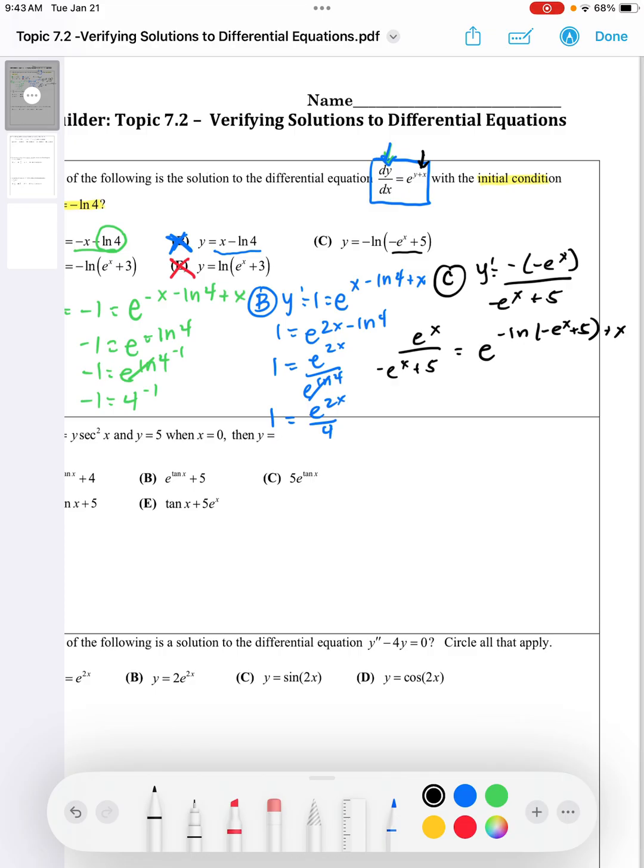So this negative natural log is in front, which means it's going to be in the denominator of my division, and this x is positive, so that's going to be in the numerator of this division. So this is going to be e to the x over negative e to the x plus 5, and that's going to equal e to the x over e to the natural log of negative e to the x plus 5.